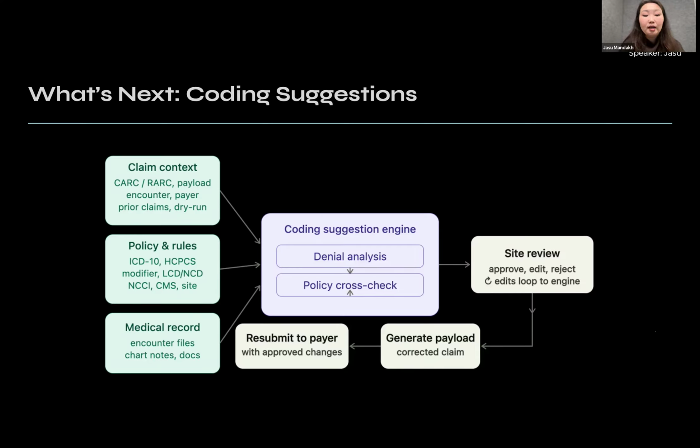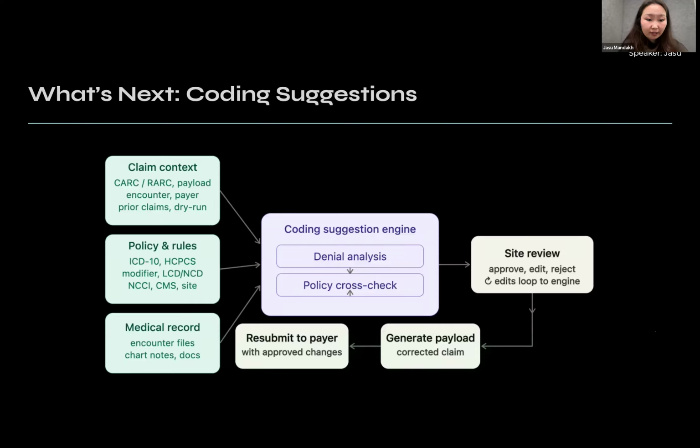Then LCD and NCD, where we look at the relevant articles to check back on the ICD-10 codes that are medically necessary, but in the article they also mention everything that needs to be done as a policy, so we look at that. We look at your billing rules, block rules, and any other relevant claim-related rules.